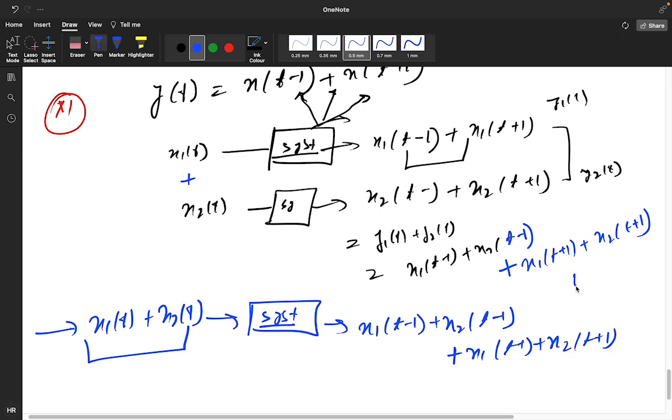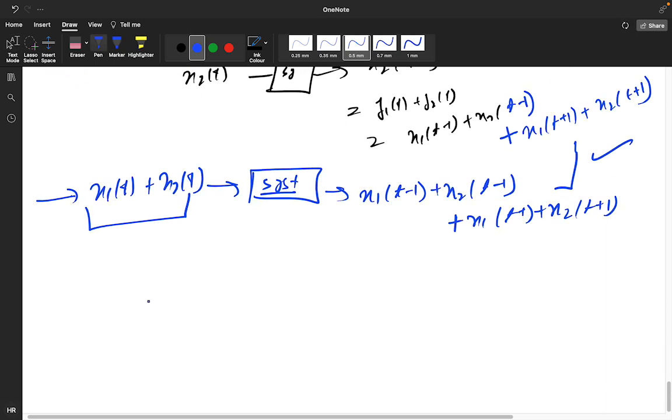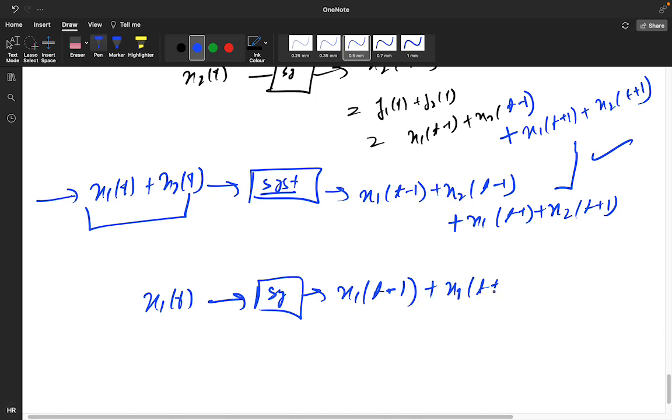So both are same. Means the law of additivity passed. Now what will you do? If you put x1 of t into the system, we will get x1 of t minus 1 plus x1 of t plus 1. So this will be scaled by k.